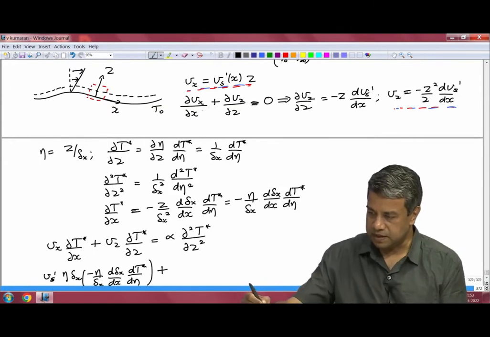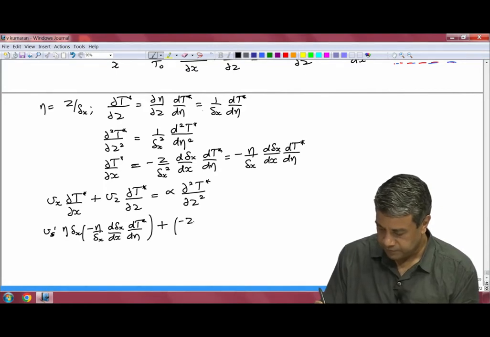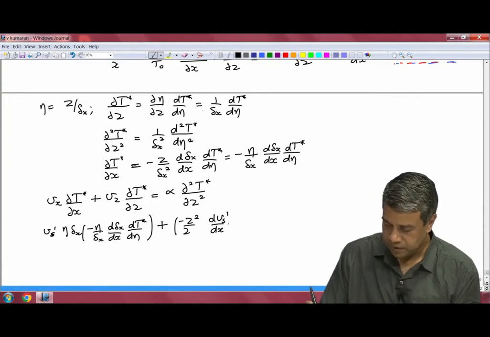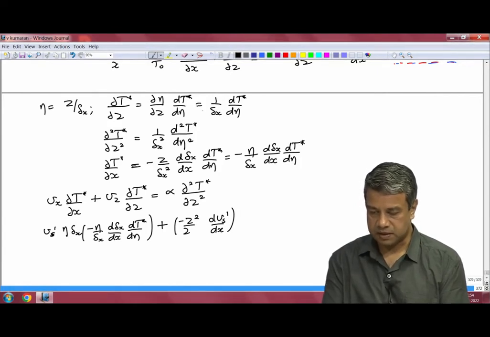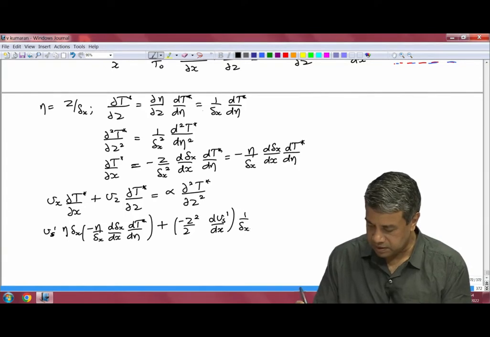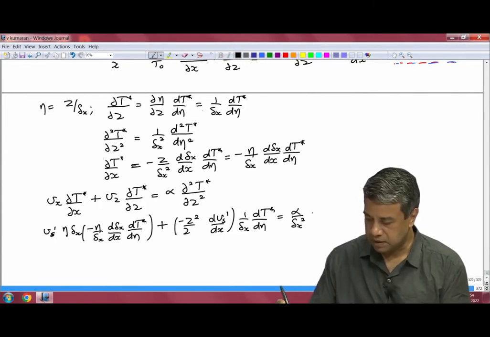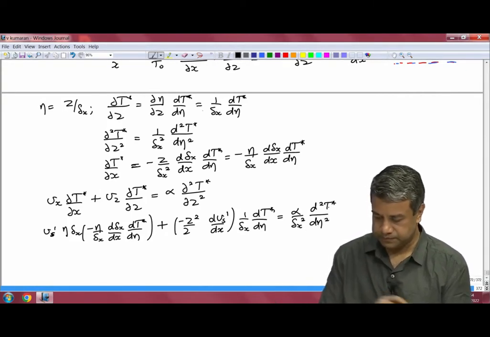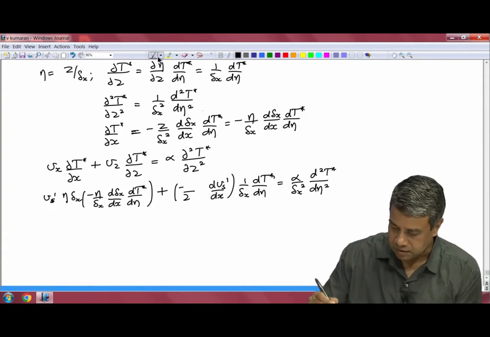Recall that Vz is minus z square by 2 dVs prime by dx, where Vs prime is the strain rate at the wall, times partial t by partial z, times 1 over delta x dt by d eta, is equal to, on the right side, alpha by delta x square d square t by d eta square. And once again for z I can substitute eta times delta x.